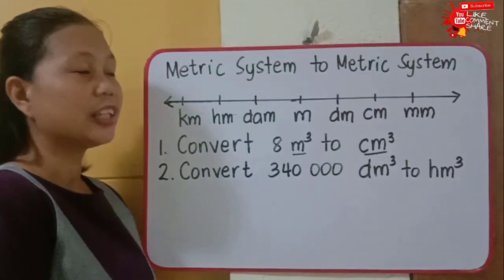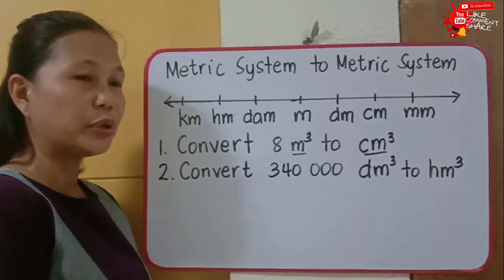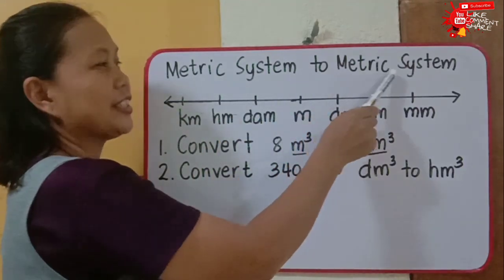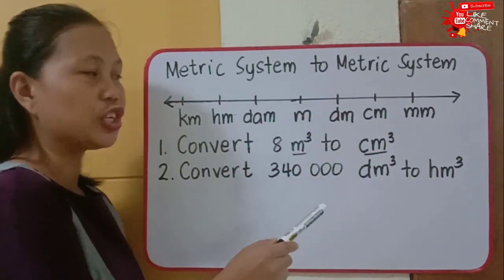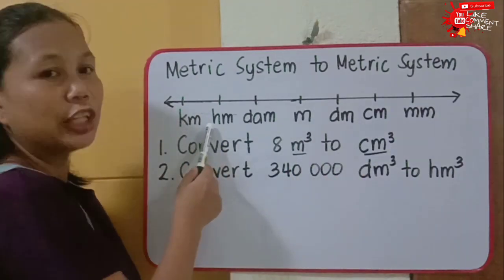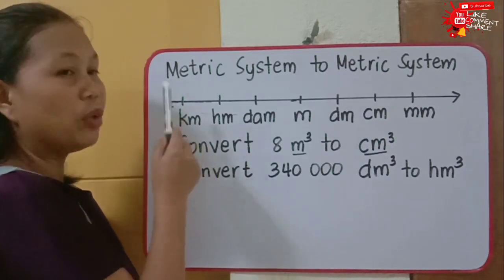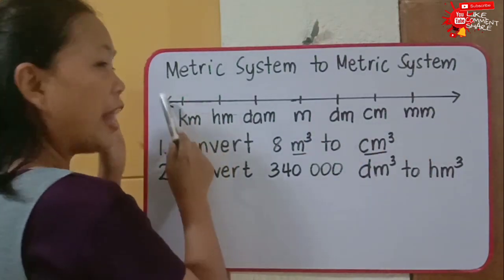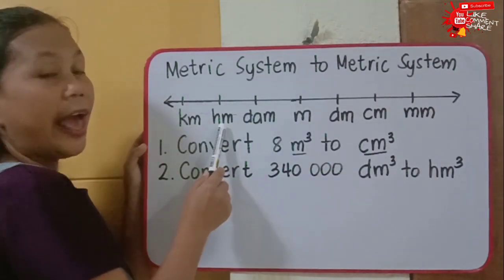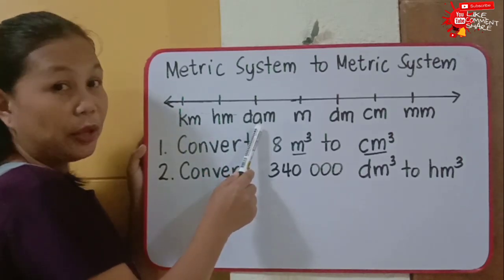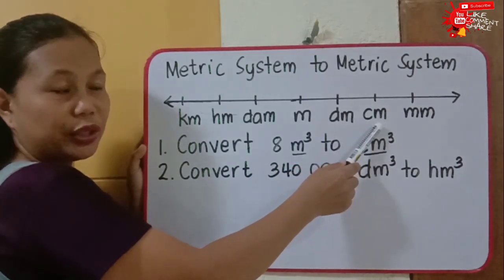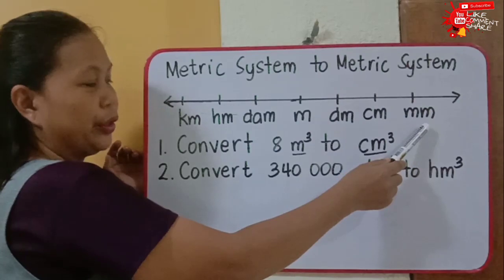We will discuss the conversion of units under volume and capacity. First, we have metric system to metric system. For this particular conversion, we will use the metric converter. Again, do not forget that the arrangement of the units is from largest to smallest, from left to right. So we have kilometer, hectometer, decameter, meter, decimeter, centimeter, and millimeter.